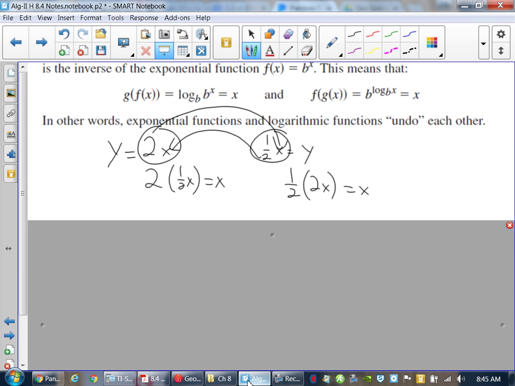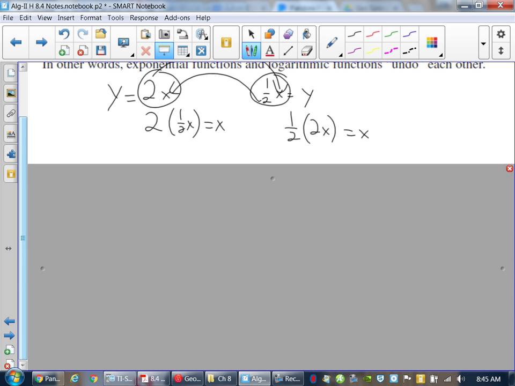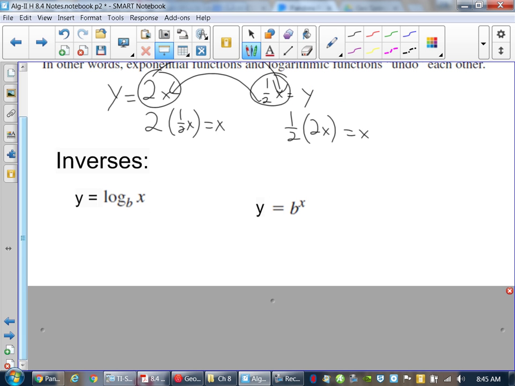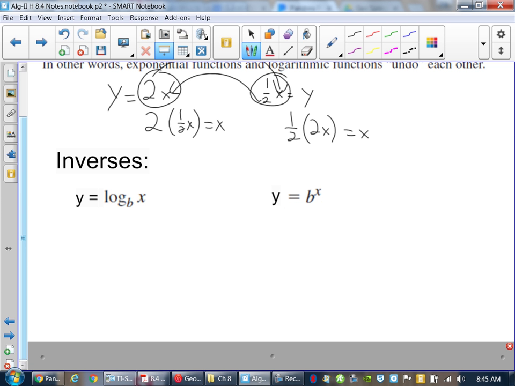So when you deal with this in terms of logarithms, if you have your two generic forms here, if I put in one for another, if I take log of base b of b to the x, when these bases are the same, that exponent, x, drops.